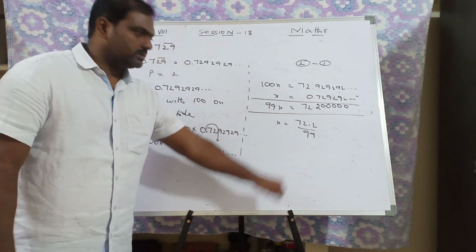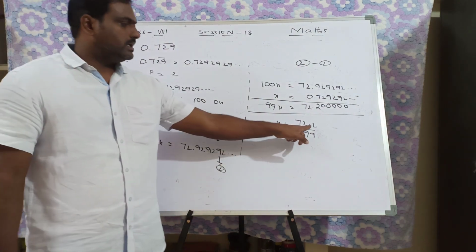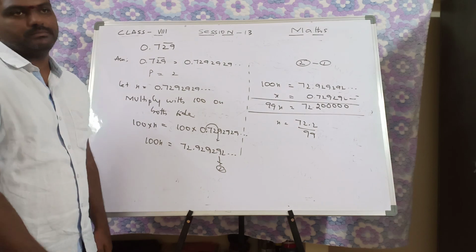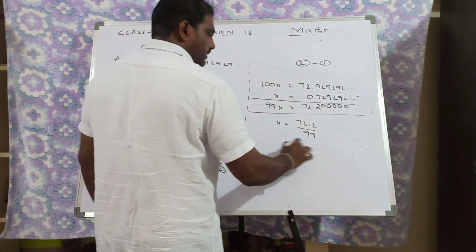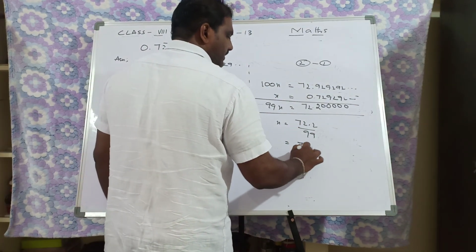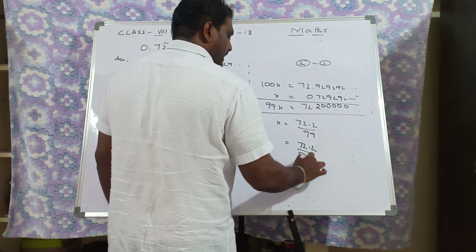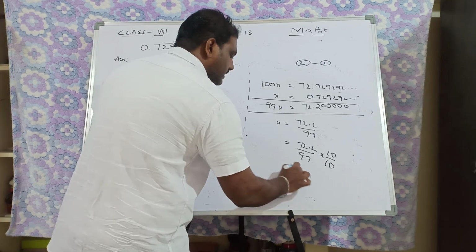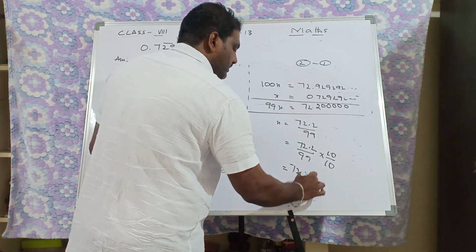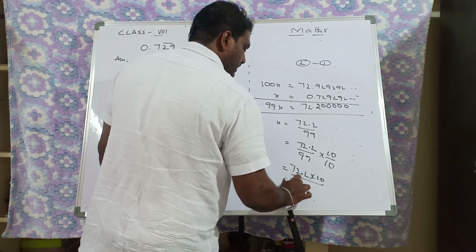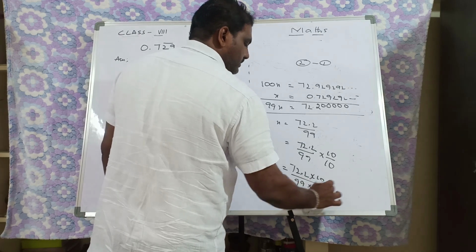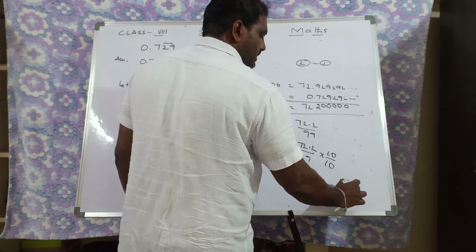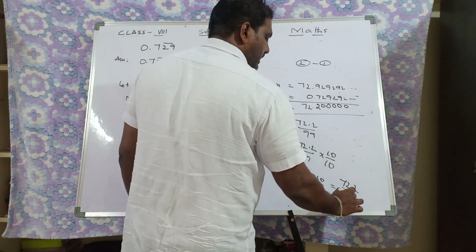But this is also wrong, because in the p by q form the decimal should not be there. So to remove the decimal, I will multiply with 10 and divide with 10. If I multiply with 10 it becomes 72.2 into 10 by 99 into 10. The point will shift towards the right side. So the answer is 722 by 990.